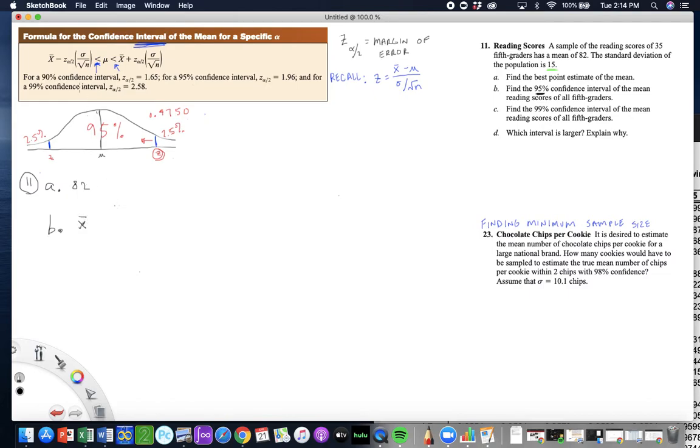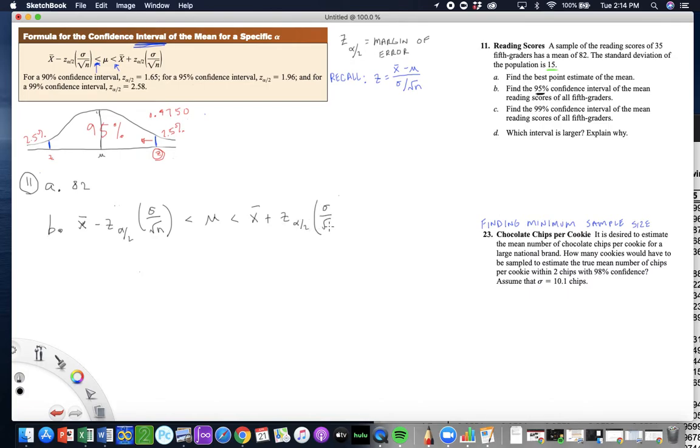I got the sample mean minus the margin of error times the population standard deviation divided by the square root of the number of people in the study. And then between where the population mean exists, it's going to be the exact same thing, just instead of a subtraction sign here, it's an addition, because I'm going on either side of the population mean.